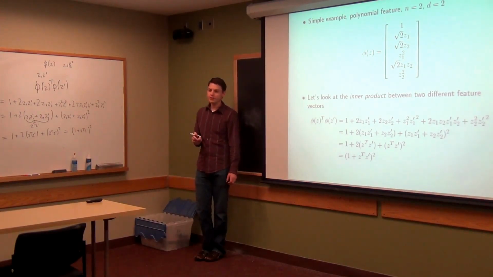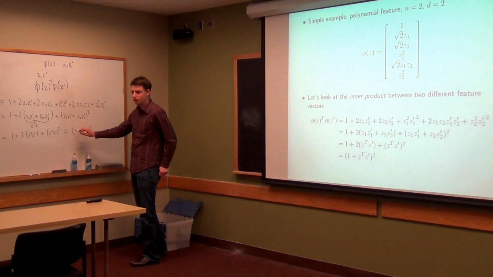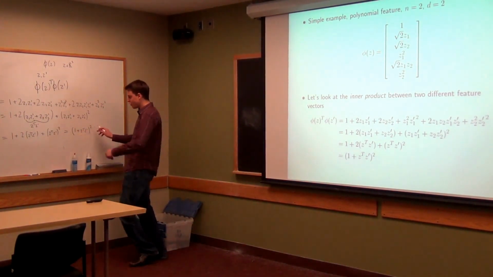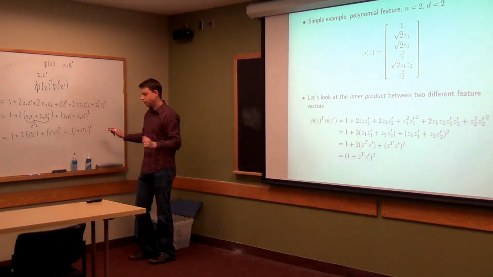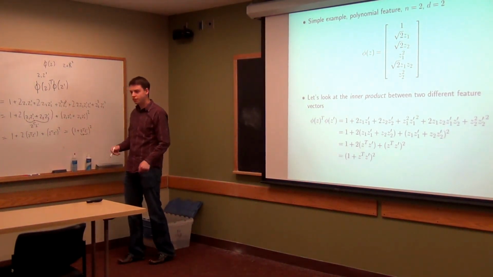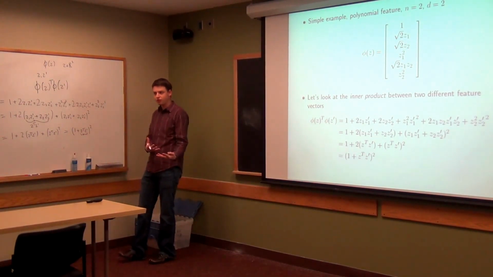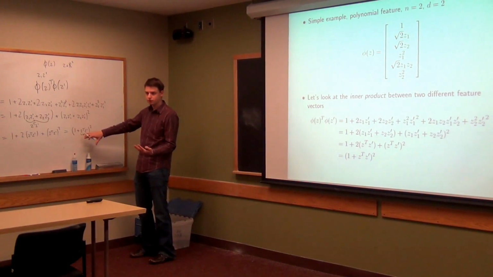The cool thing here is that this term is equal to the dot product of these big feature vectors, but we can compute it only taking the inner product in the original input.